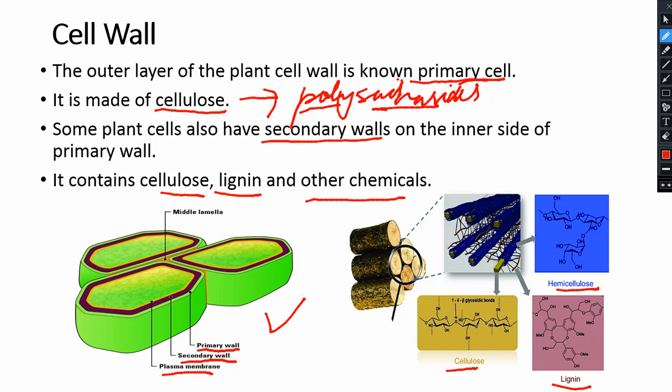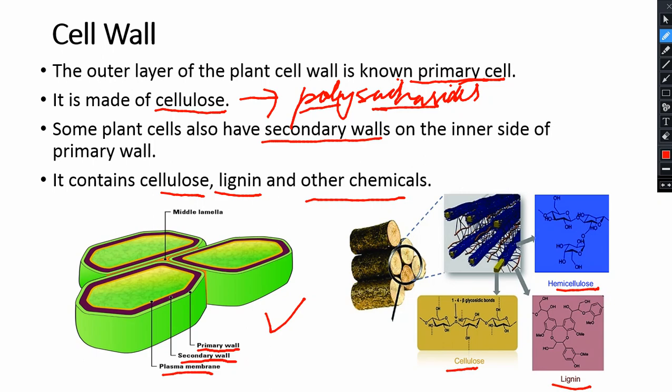Now remember that when the secondary and primary cell walls combine, together they give strength to the plant, or to a tree, but the secondary wall provides rigidity to the plant. That's why the plant bark is so strong and it can grow very tall, due to its strength and its rigidity.